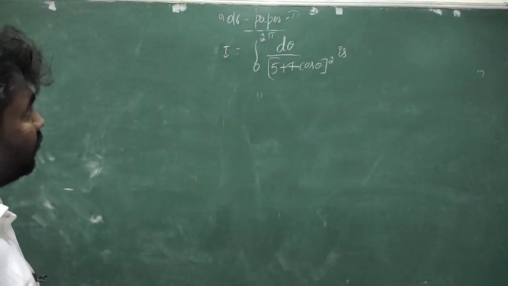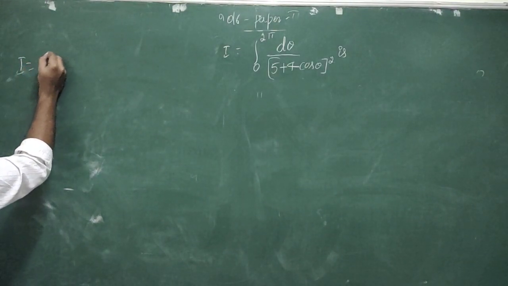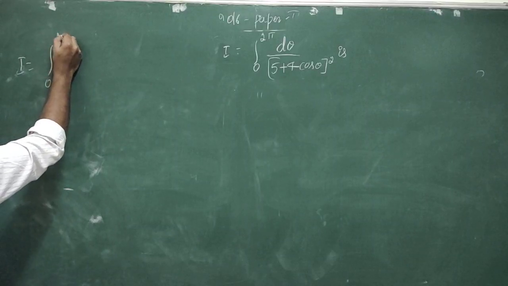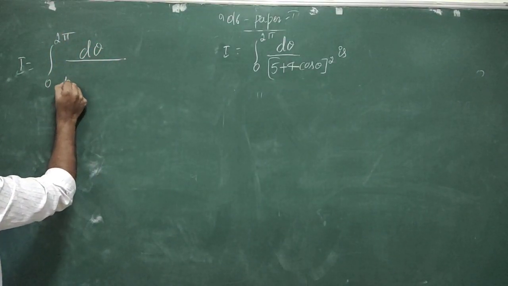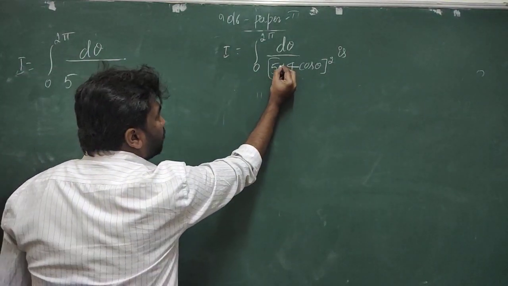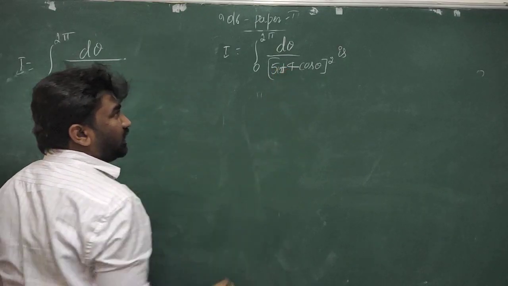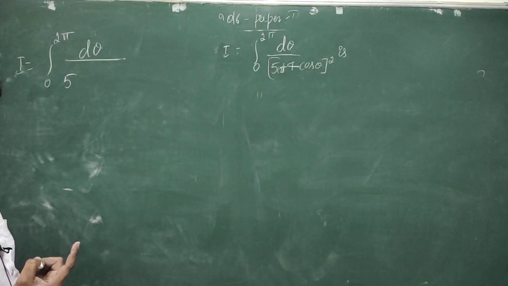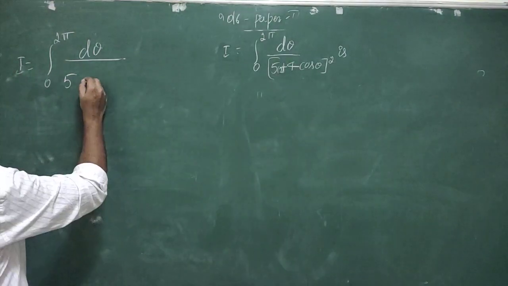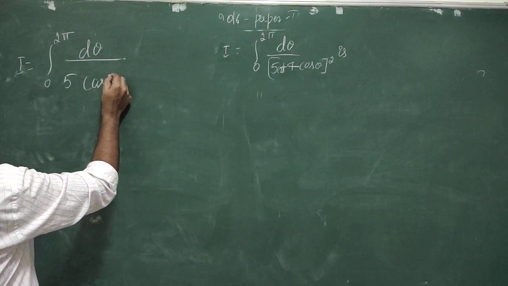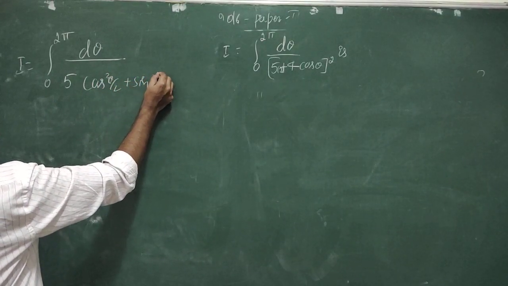So, let I be equal to integration 0 to 2 pi d theta divided by 5 into 1 plus 4 into cos theta, the whole square. Here 1 can be written in terms of half angle as cos square theta by 2 plus sin square theta by 2.